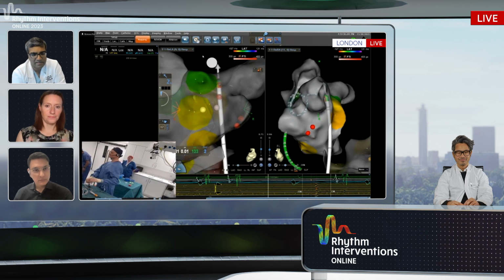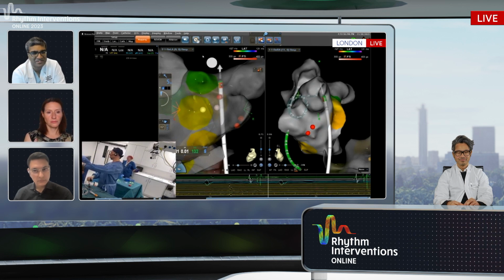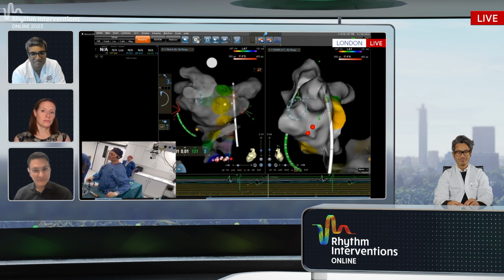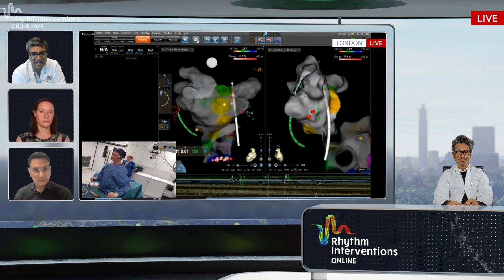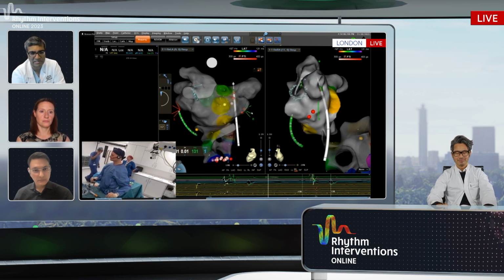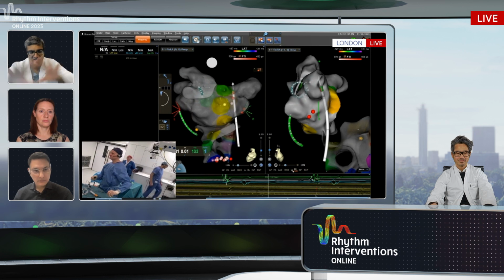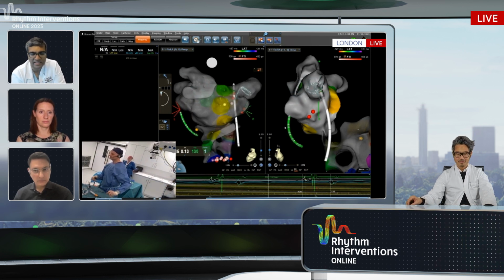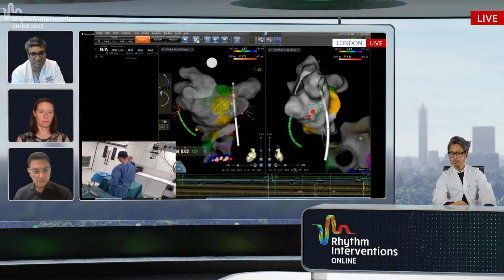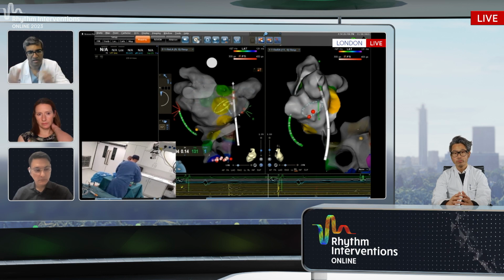In terms of how to map it, mapping non-PV triggers is painful. There's no two ways about it. More electrodes and more catheters are good. I think using a multi-electrode catheter like the Octaray is particularly useful for non-PV triggers. It's a big area, it's relatively dense, and I find it really helpful. We typically start off putting it on the posterior wall and wait for the trigger.